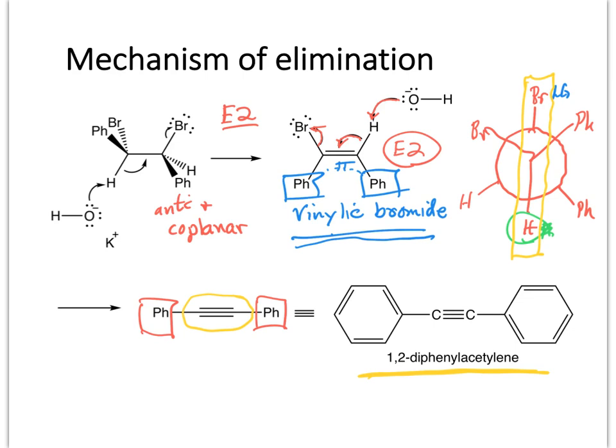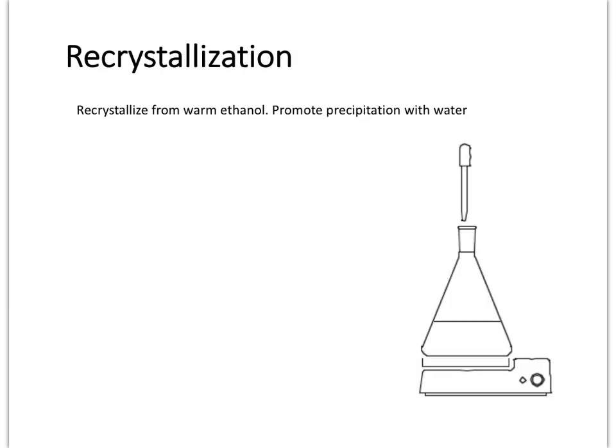Now, the ethylene glycol is soluble in water. It's easily removed. The product is easily isolated. But then we need to do a purification recrystallization. Now remember, the book says something like recrystallize from some volume of warm ethanol.